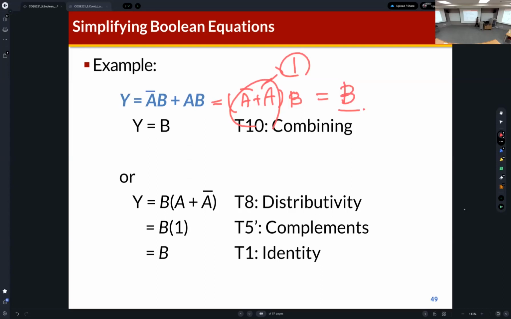So actually, this equation represents y is identical to b. So we don't need to use an AND gate to implement this equation, right? b requires just a wire. So y is just connected to b. But to implement the original equation, as you can see, we require 3 basic logic gates: 2 AND gates and 1 OR gate.